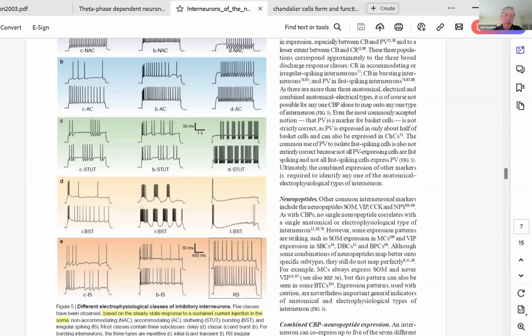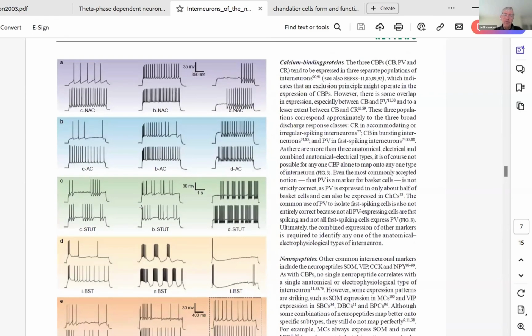I think one thing we've learned, and this is something that Sherman and Guillery have really proposed a lot, is that most pyramidal neurons and most stellate cells don't really burst very often. They have a steady state spiking.